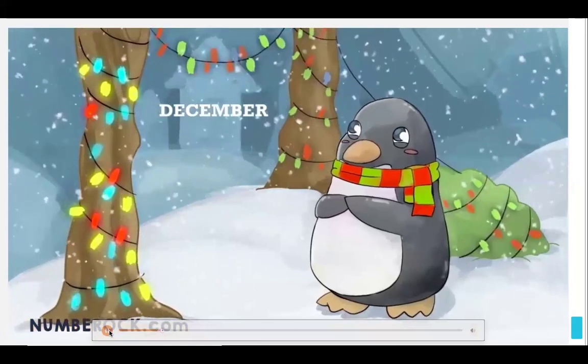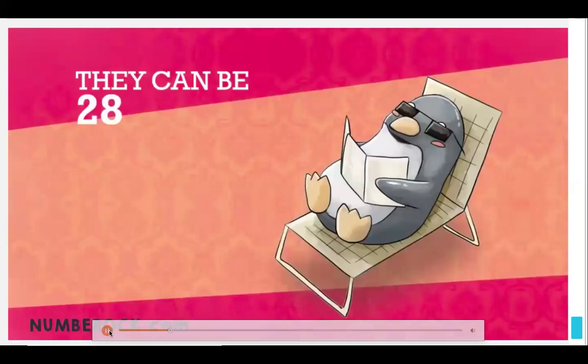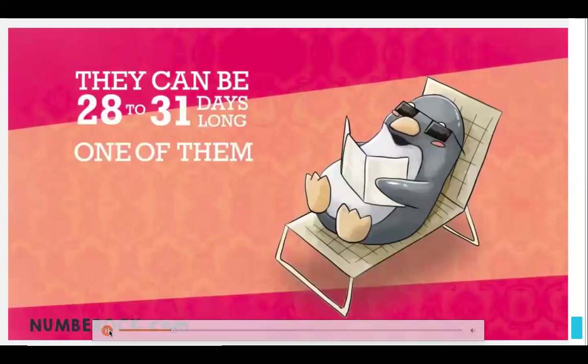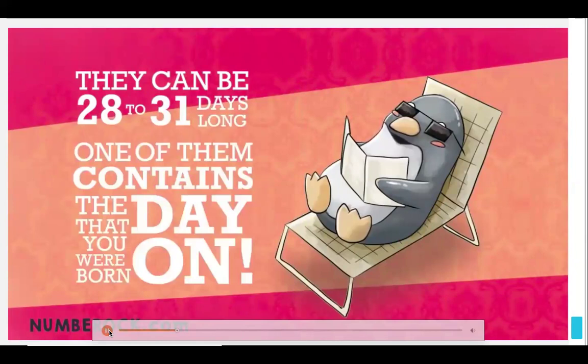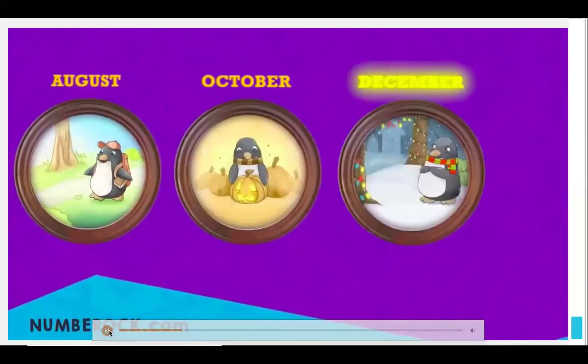Those are the months of the year. They can be 28 to 31 days long. One of them contains a day that you were born on. January, March, May, July, August, October, December.